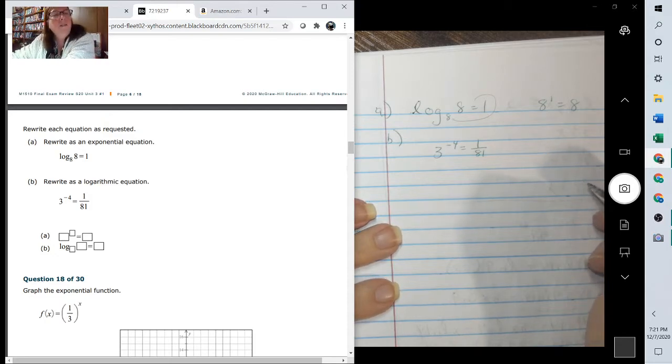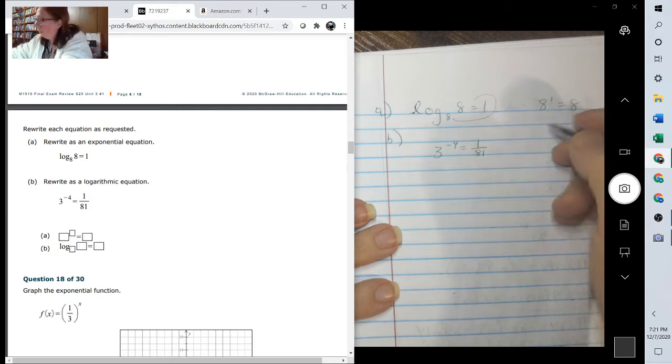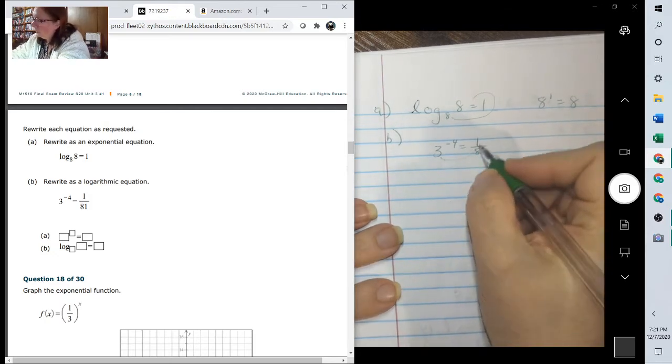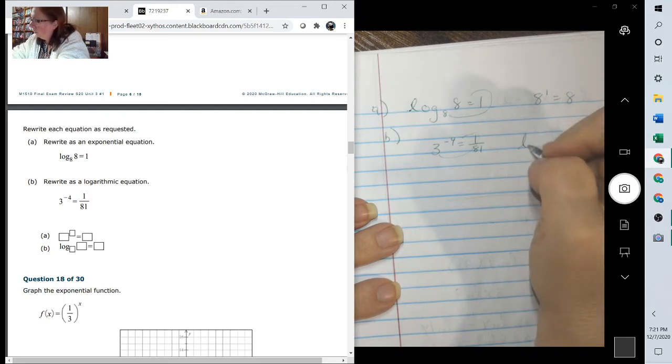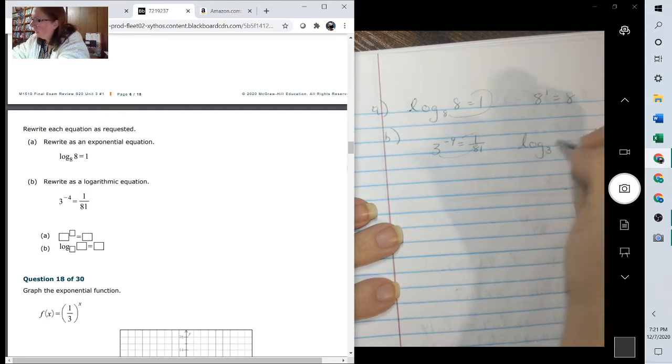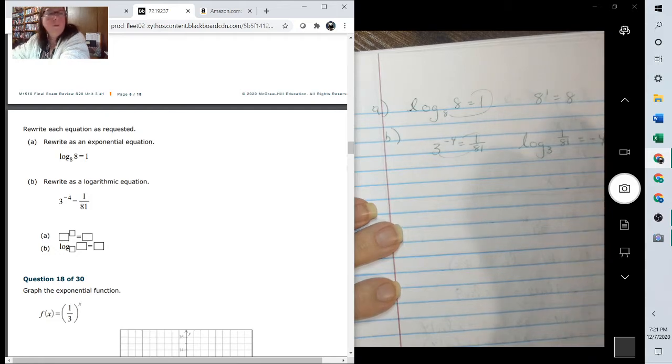Rewrite as logarithmic equation. Okay. Start with the base and loop around. Log base 3 of 1 over 81 equals negative 4.